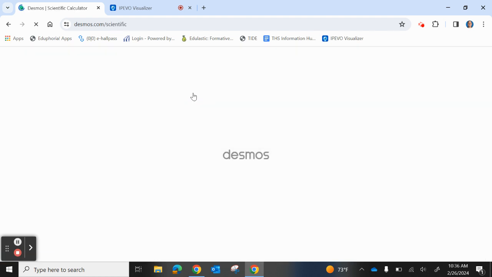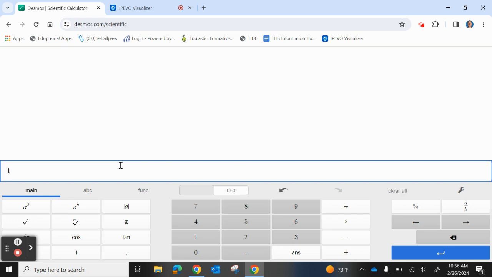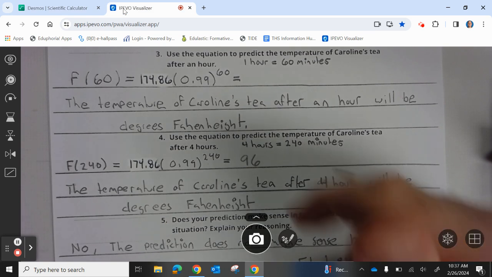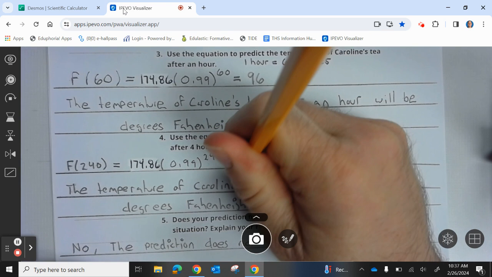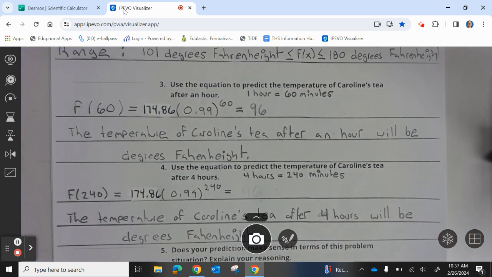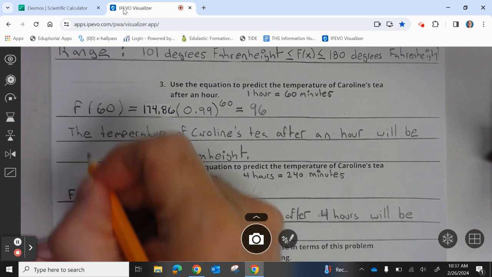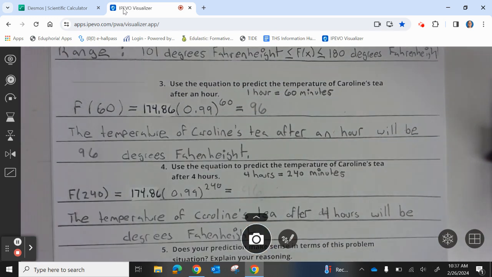We want scientific calculator. So 174.86 parentheses 0.99 to 60. Which let's round to a whole number, 96. So the temperature of Caroline's tea after an hour will be 96 degrees Fahrenheit.